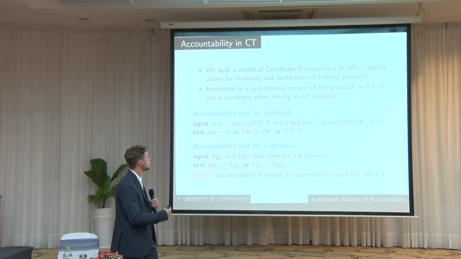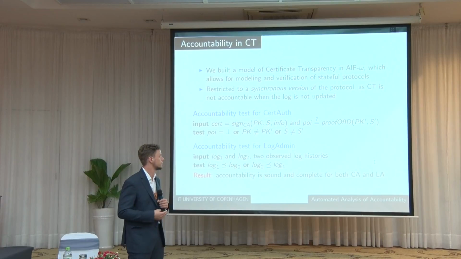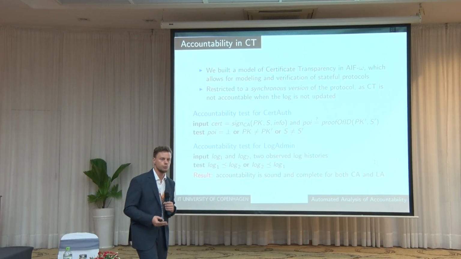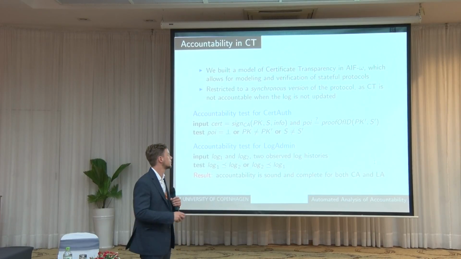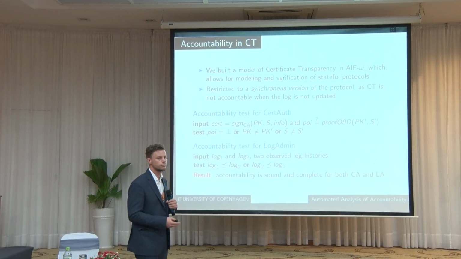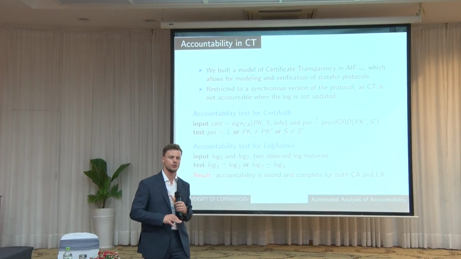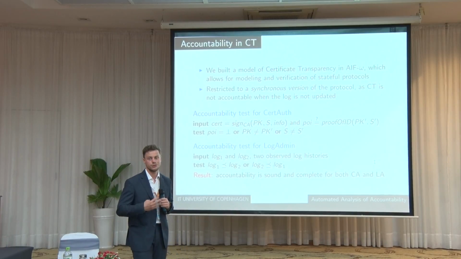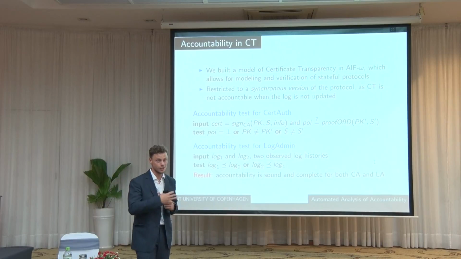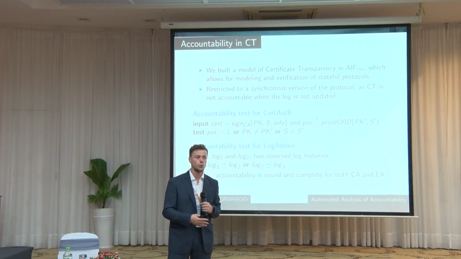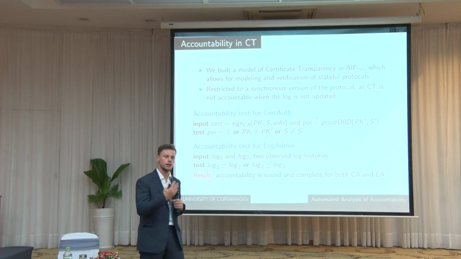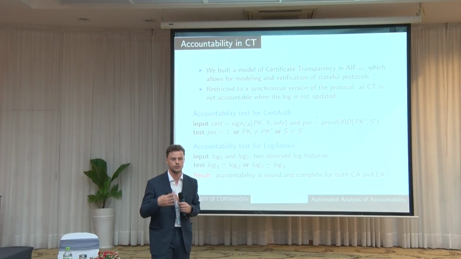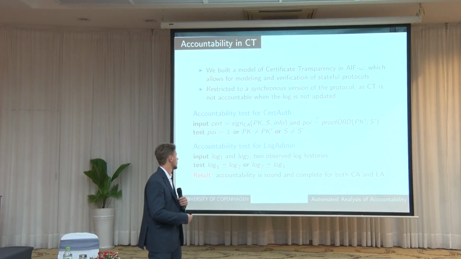And we had to restrict to a synchronous version of the protocol in the sense that we eliminated the promise to include some certificate in the log, and we eliminated the gossiping part of the protocol, because it is actually trivial to show that it is not accountable in that way. So there are periods of time where the protocol is not accountable, but eventually the protocol is accountable. And if you assume a synchronous model, so if you assume that these operations go fast enough, then accountability comes.